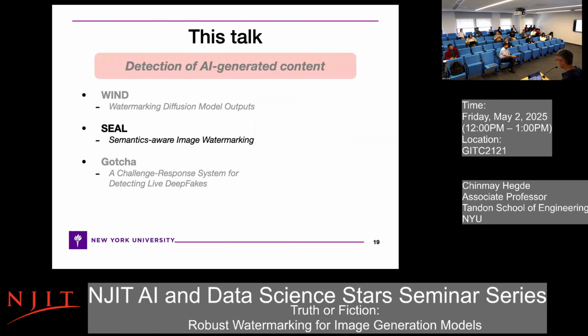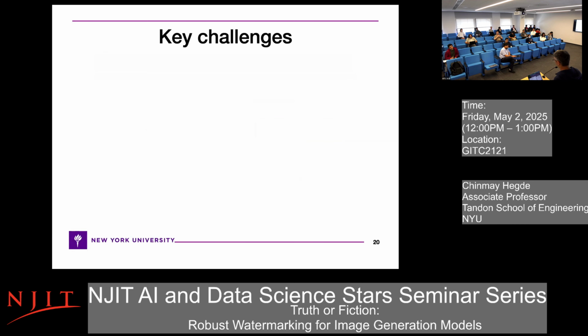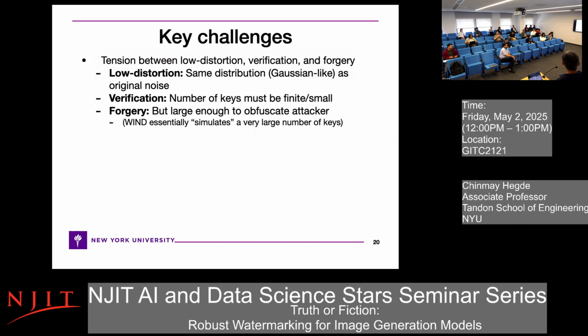It's a method called SEAL, and the key challenge that we try to address in the second work is that there's a tension in any watermarking scheme, right? It's low distortion, but also being able to verify, but also being robust to forgery. We don't want to distort, meaning that our images should be realistic, meaning that inputs have to be Gaussian. That's how these diffusion models are trained.